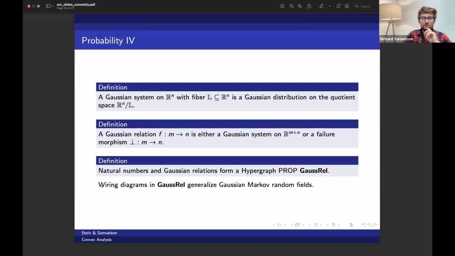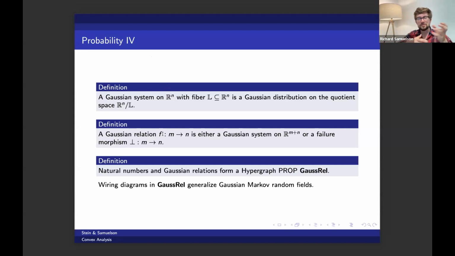Your intuitive understanding here should be that wiring diagrams in this category generalize a type of probabilistic model called the Gaussian Markov random field. So this is a little more general than the Gaussian Bayesian network. One common thing that is done in probabilistic modeling is you will take a Bayesian network and turn it into a Gaussian Markov random field.